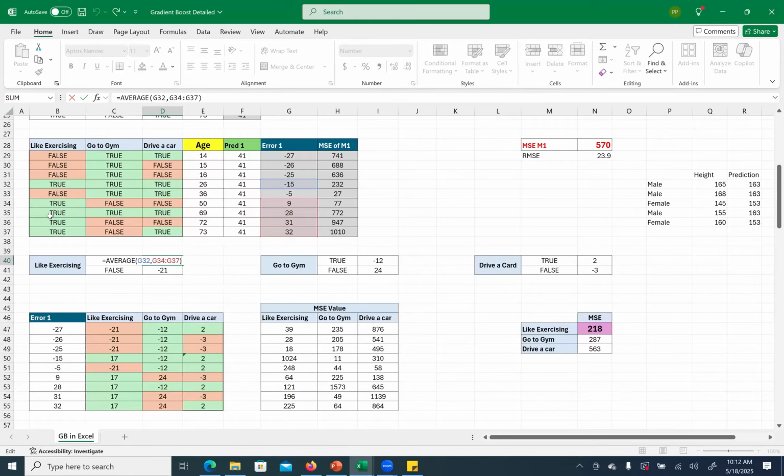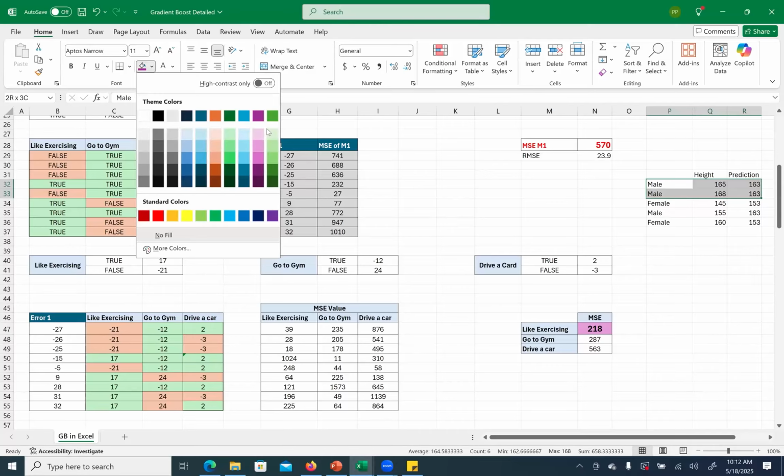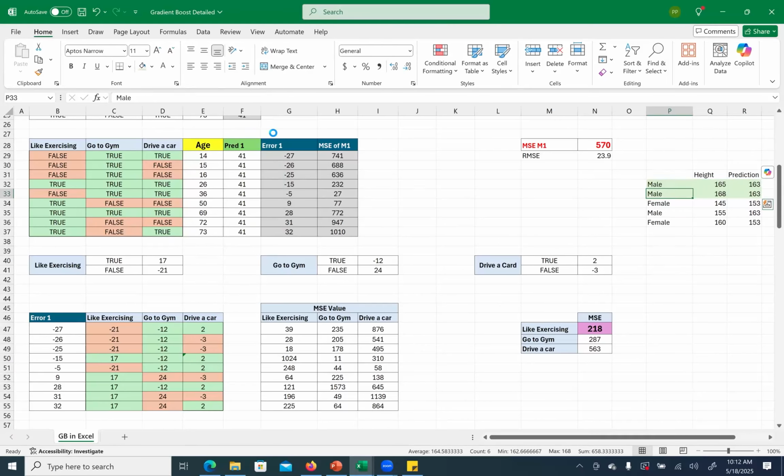The average of all the trues will become the prediction wherever it was true. It's like here, wherever it was male, I had one prediction, and wherever it was female, I had another.